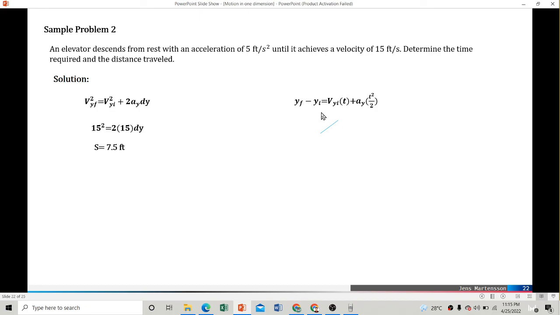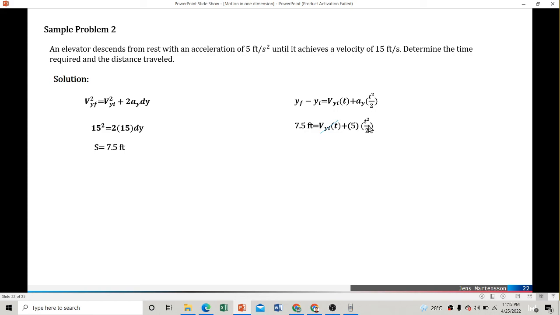In this equation we did not use the final velocity. Since the problem says from rest, the velocity yi times t cancels out to 0. Here we also assumed from rest that the reference distance is equal to 0, so we can cancel that out too. Now our yf is equal to 7.5 feet, and our acceleration is 5 feet per second squared.